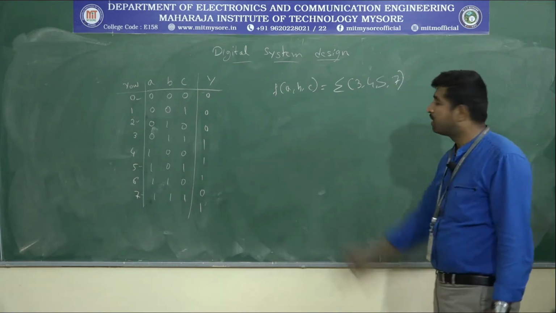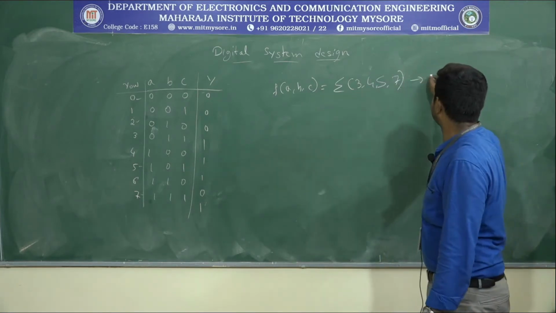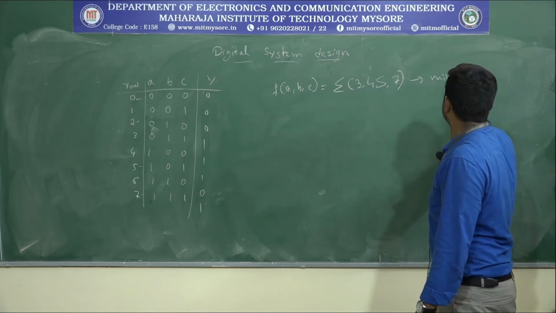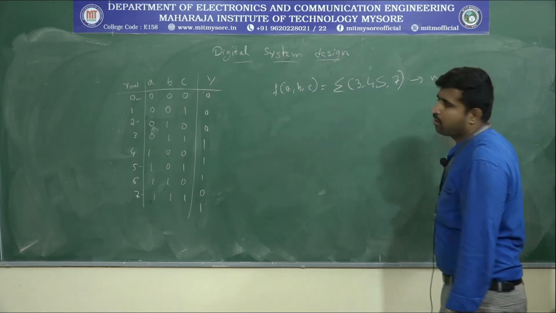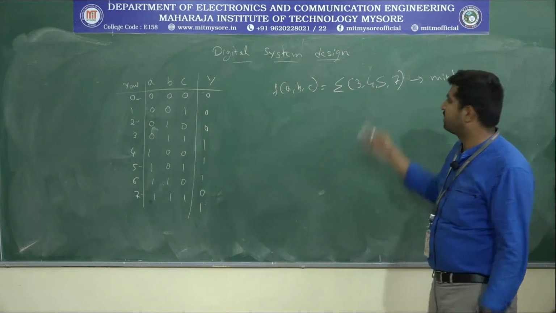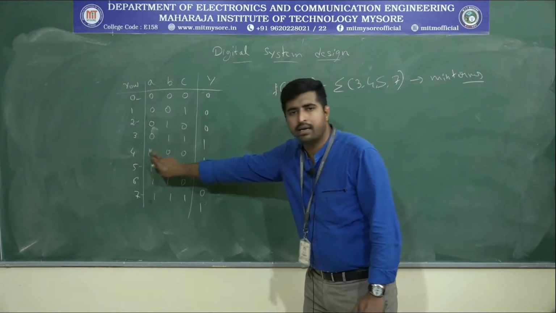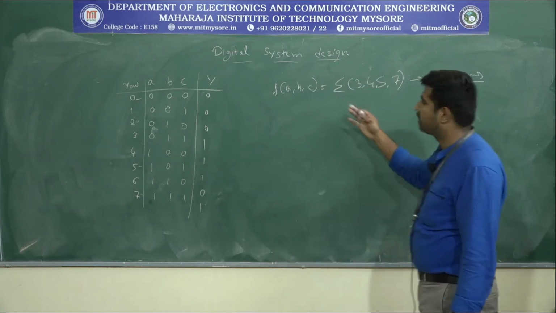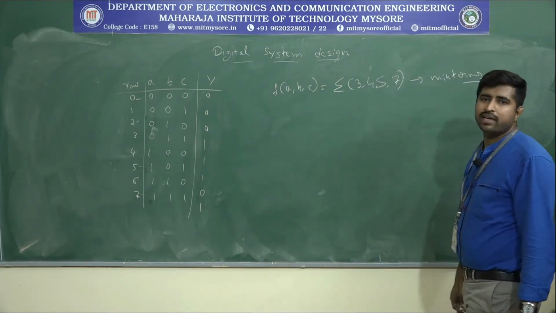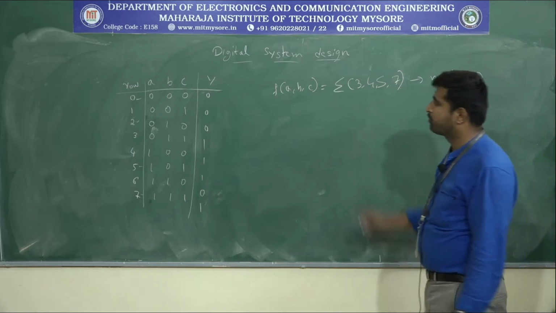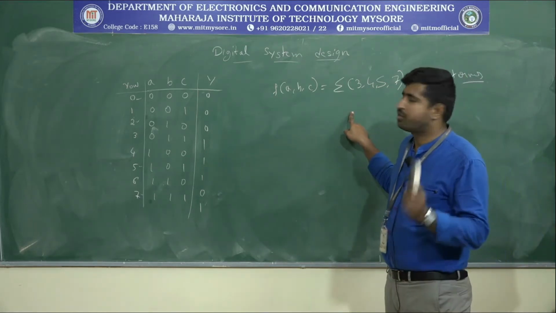So this is the min term equation, the canonical min term equation. Instead of writing a bar b c, a b bar c bar, we can represent it in a simple way like this. So this is one thing you need to remember in a switching equation.